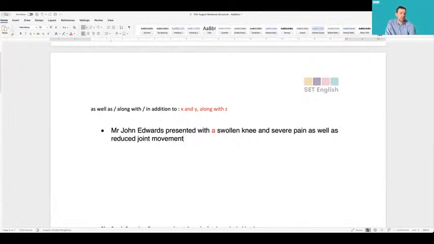That's how you do a 3-unit list with as well as X and Y. So we've got X and Y. There they are. As well as, there it is. That's our addition linker. And then we've got a third one. All in one sentence, all in one list.